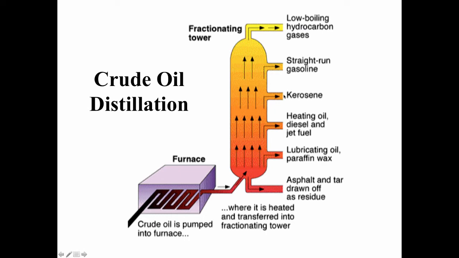Kerosene, 10, 12 or more carbons, bigger molecules yet, will have to be at a higher temperature before they will be condensing and drawn off, and then keep on going. Heating oil, bigger molecules yet, lubricating oil, larger, and asphalt and things like that are going to be solids at any kind of reasonable normal temperatures for us, are going to be a lot bigger molecules, stronger intermolecular attractions, and they won't melt until you get much, much higher temperatures.